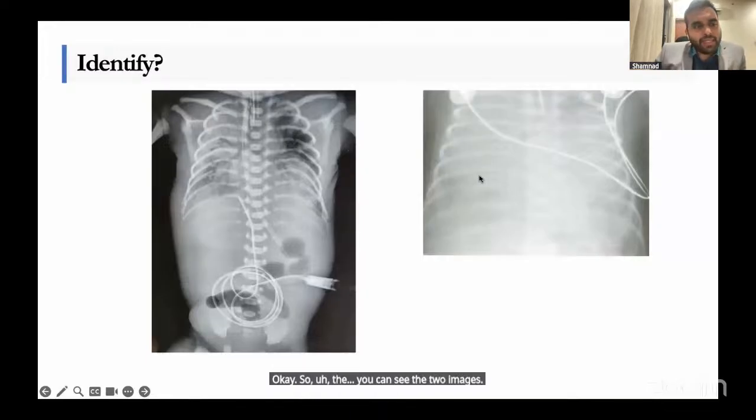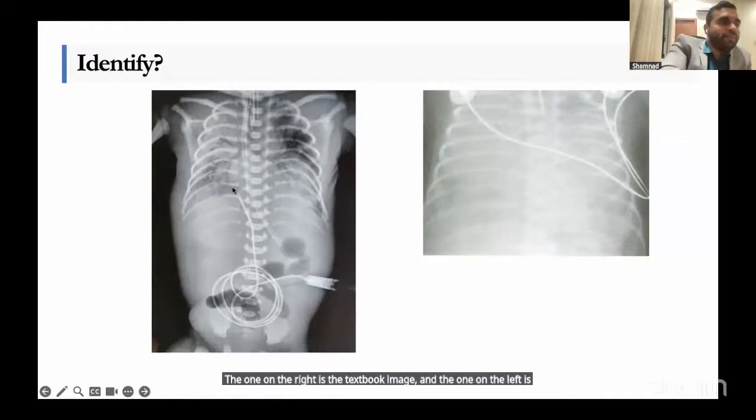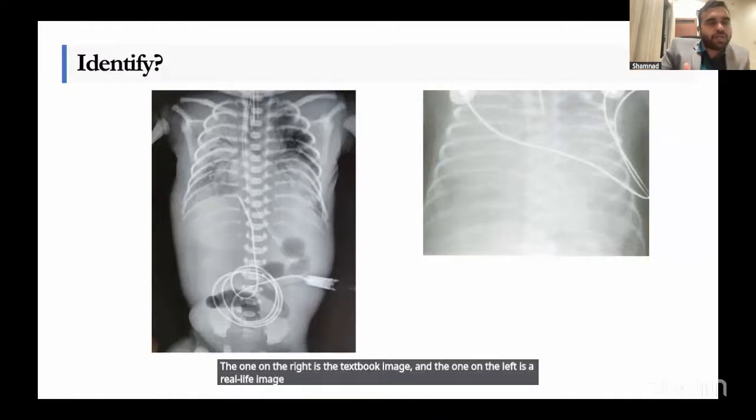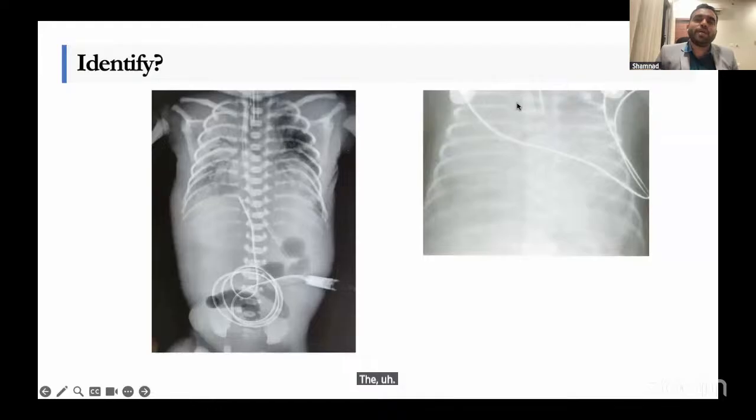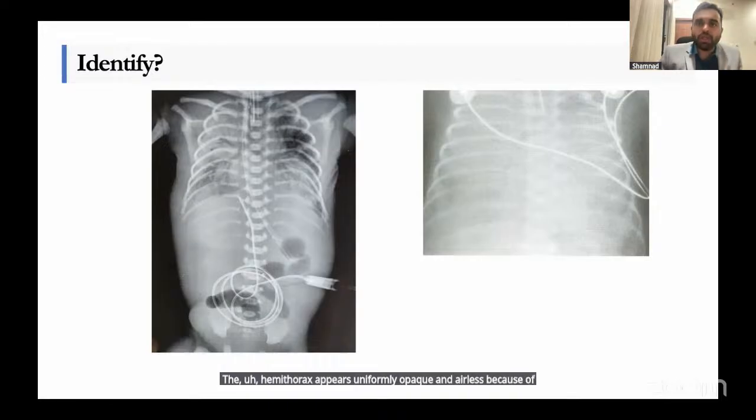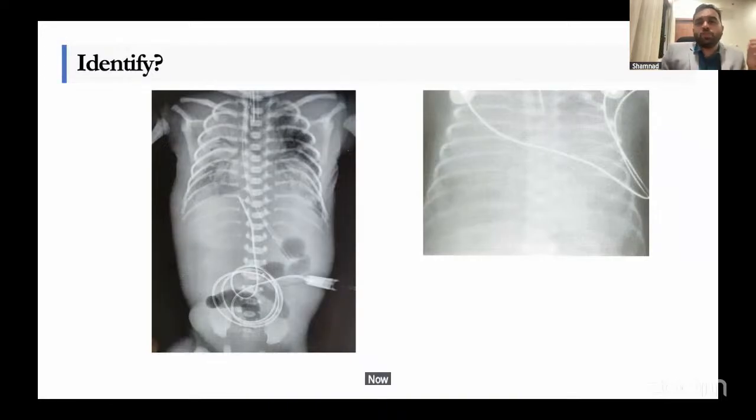The one on the right is the textbook image, and the one on the left is a real life image. So if someone asks you what is the X-ray finding of pulmonary hemorrhage, the hemithorax appears uniformly opaque and airless because of the hemorrhage. Now, the main clue, rather than X-ray, is the clinical condition.